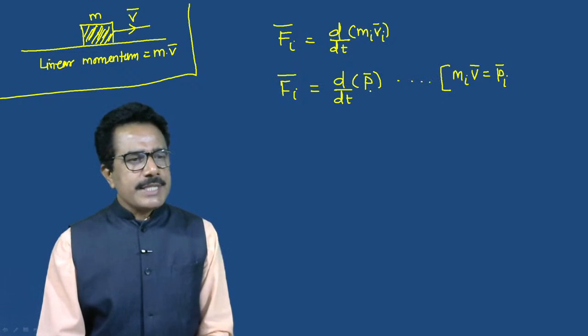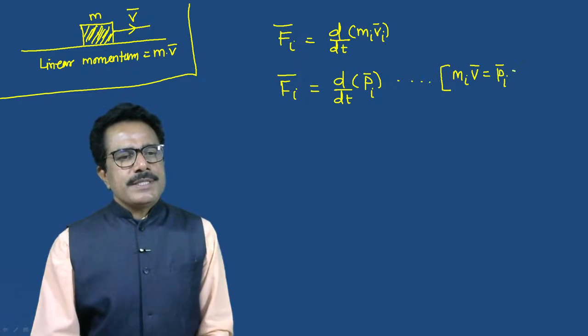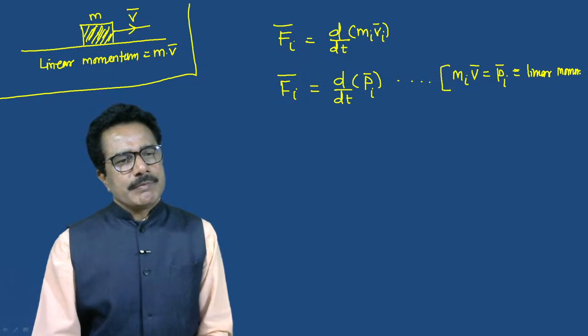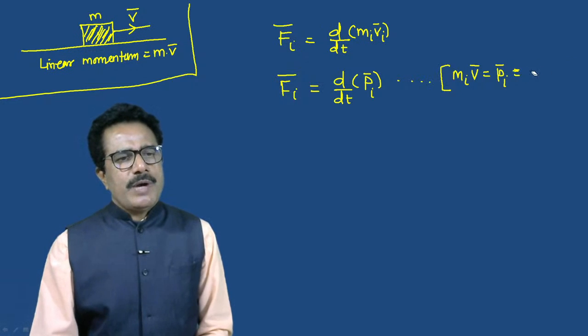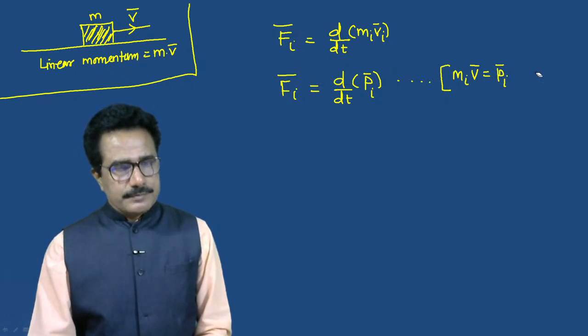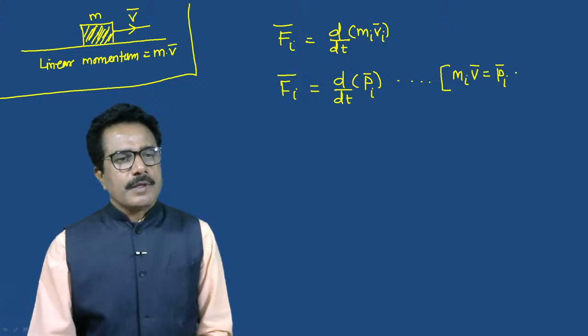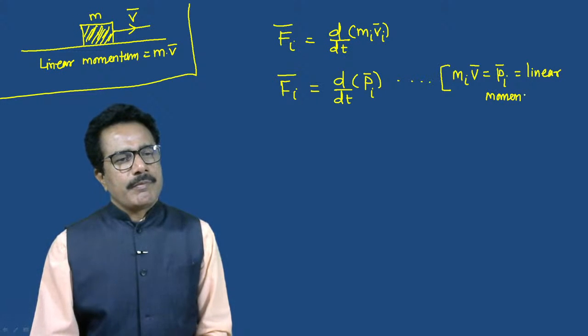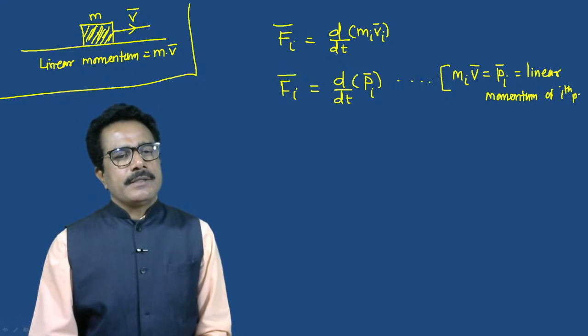So we can write this as pi bar, means linear momentum of the ith particle.